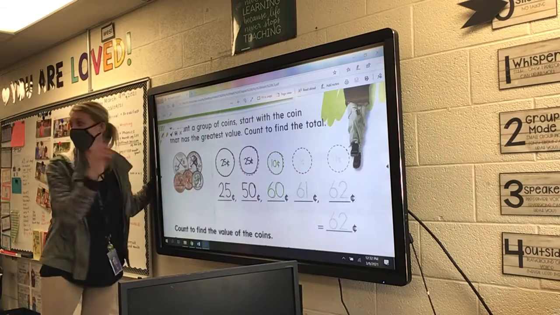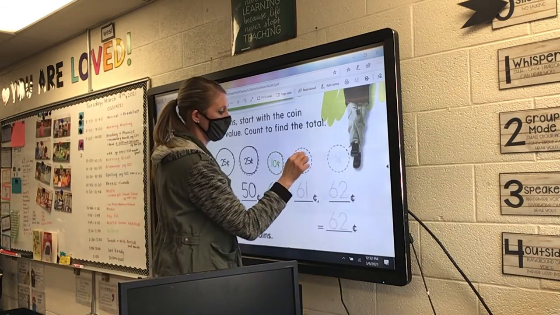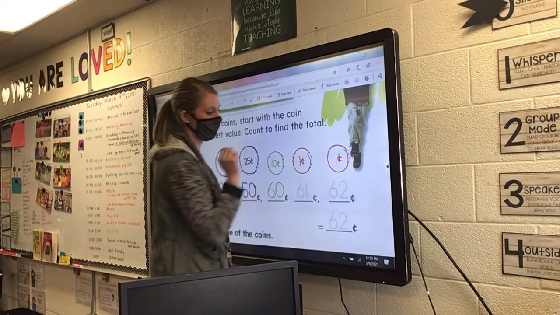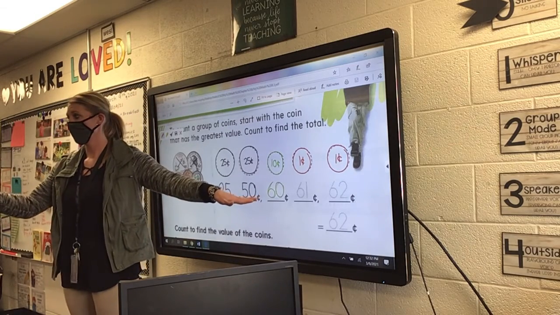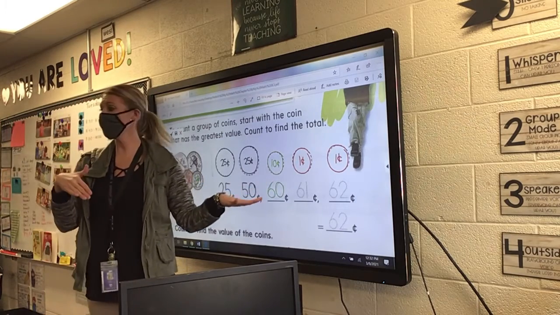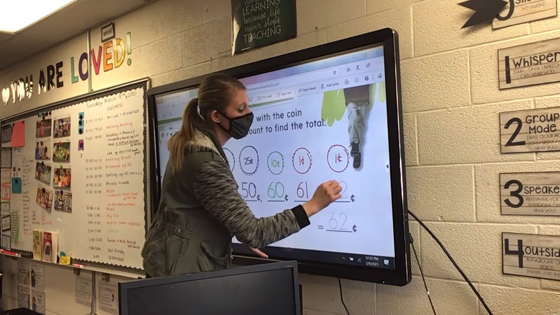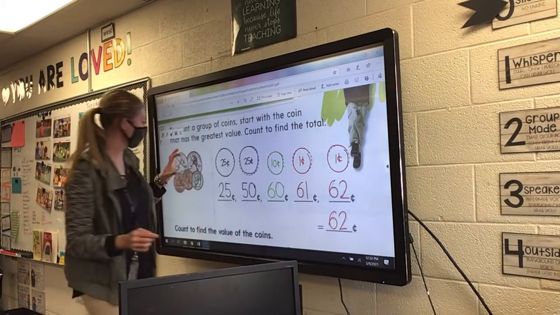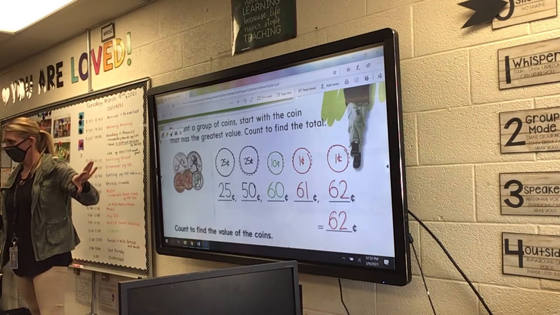But Libby said I had 2 pennies, and they're each 1 cent, which would give us 2 extra cents. Okay, now if we're at 60 and we're going to count on, and we have pennies, which are 1, we'll just count on by 1. So we're at 60, we'll go 61, 62. So our total amount of money in this pile here is 62 cents.